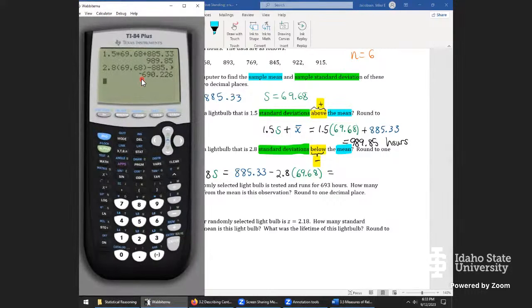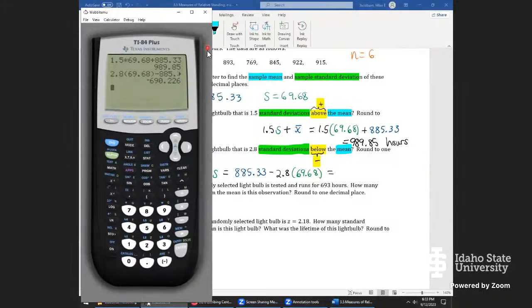Definitely the negative is a really concerning thing to get here because all of our run times are positive and our mean is quite large. We shouldn't have expected a negative at all. So now let's try this out this time. 885.33 minus 2.8 multiplying 69.68. And that's the value I was expecting this time.